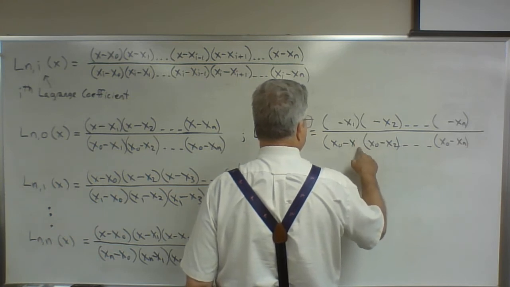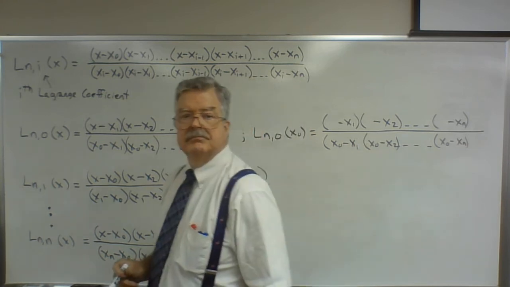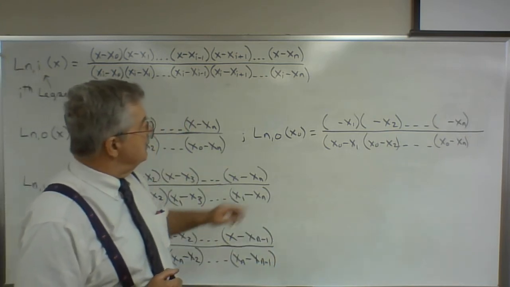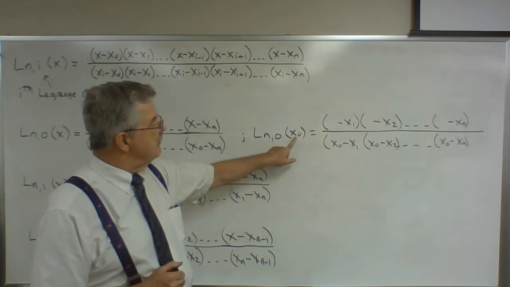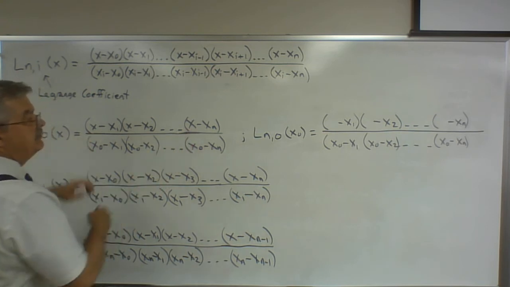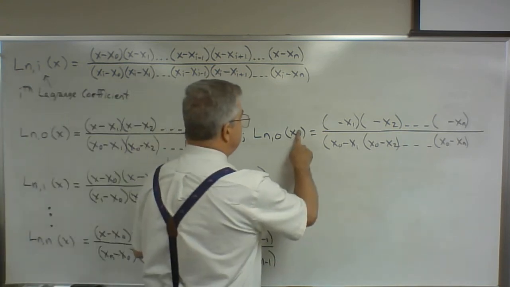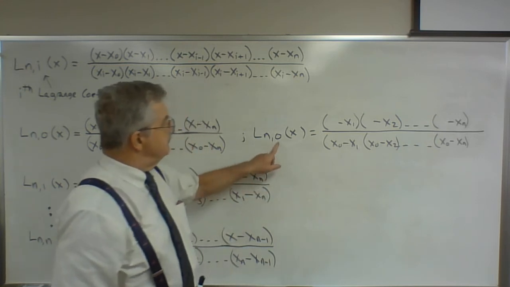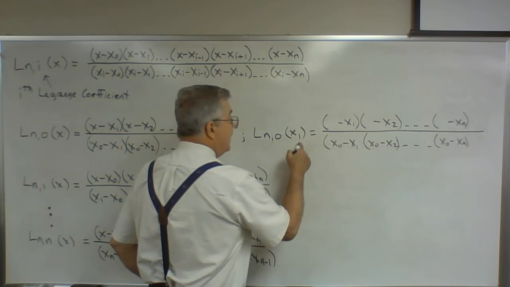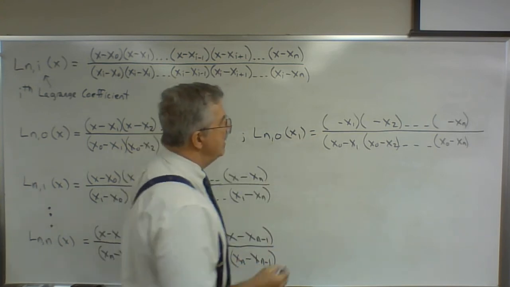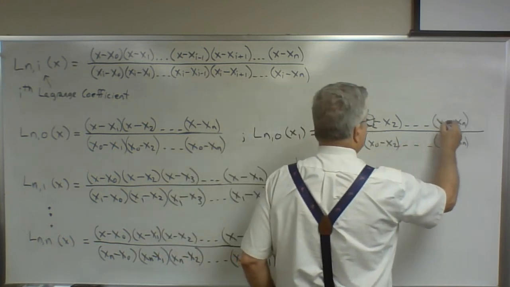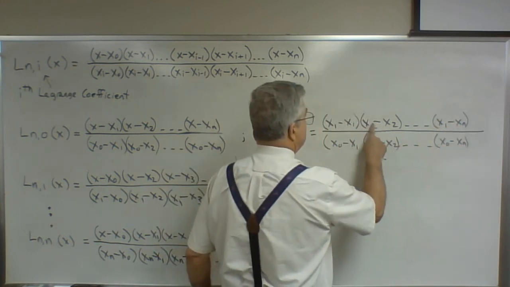I'm going to take the zeroth Lagrange coefficient, and I'm going to plug in x of 1 for x, and let's see what happens. The zeroth Lagrange coefficient evaluated at x of 1, and watch what happens.